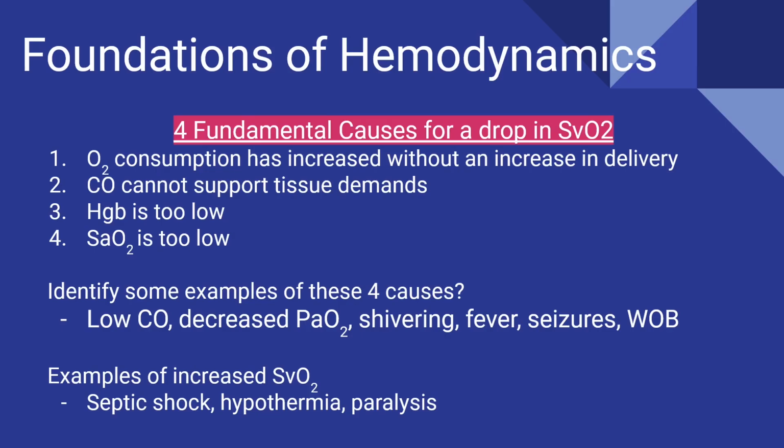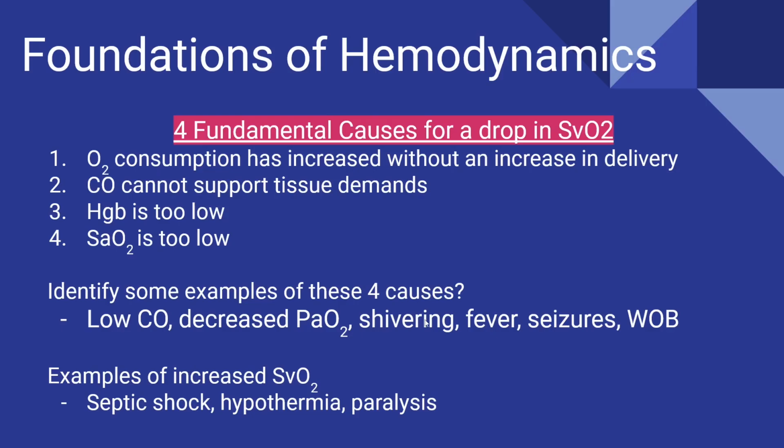We're burning a lot more oxygen to try to fight off whatever the fever is caused by. Seizures, you're using a lot of muscle, a lot of oxygen to pump all those muscles. And then your work of breathing. If you're working a lot harder to breathe, that means you're using a lot more oxygen up in the first place.